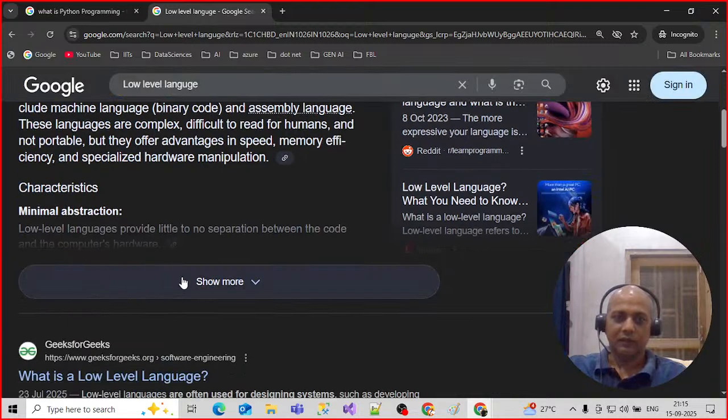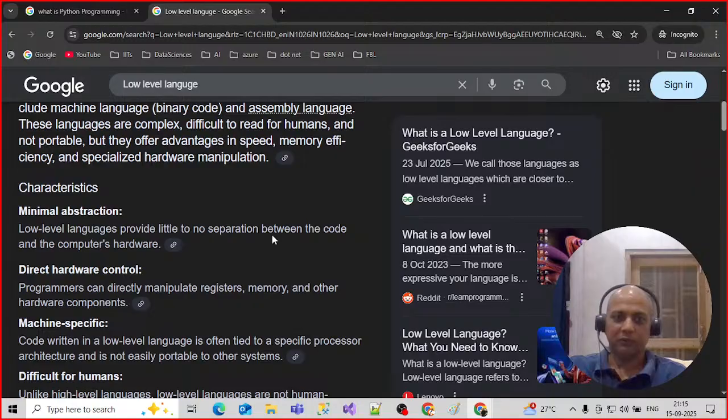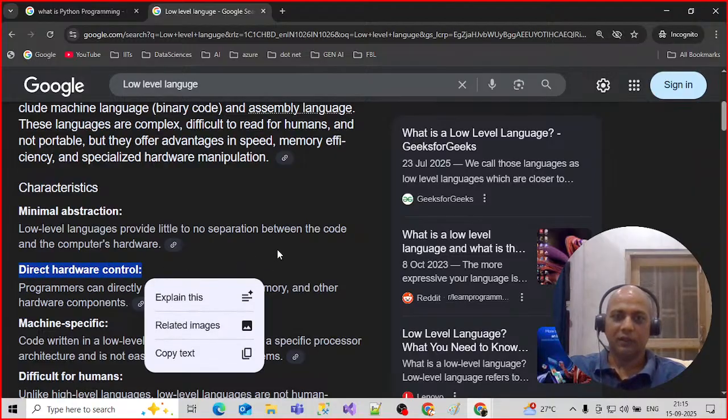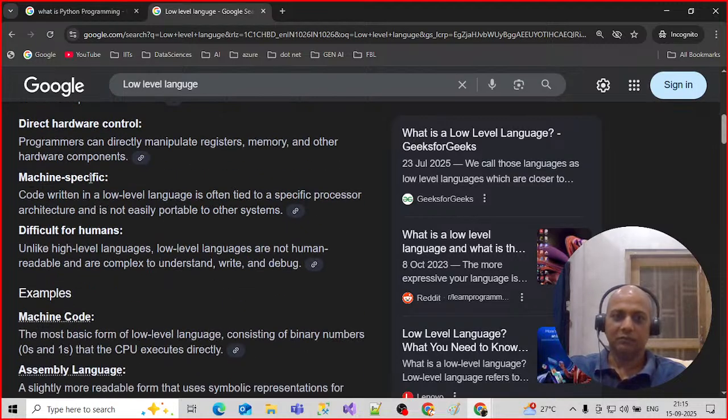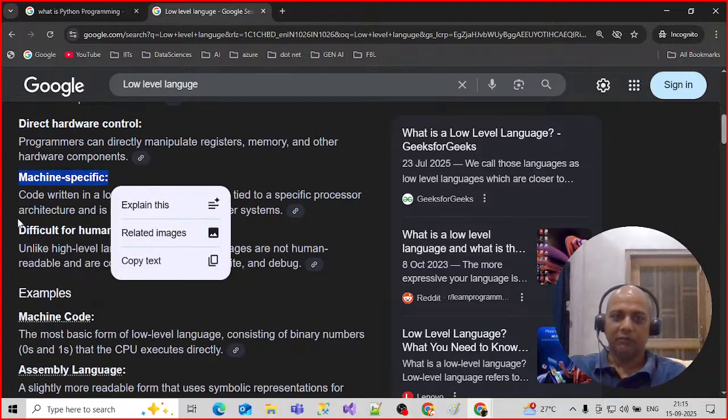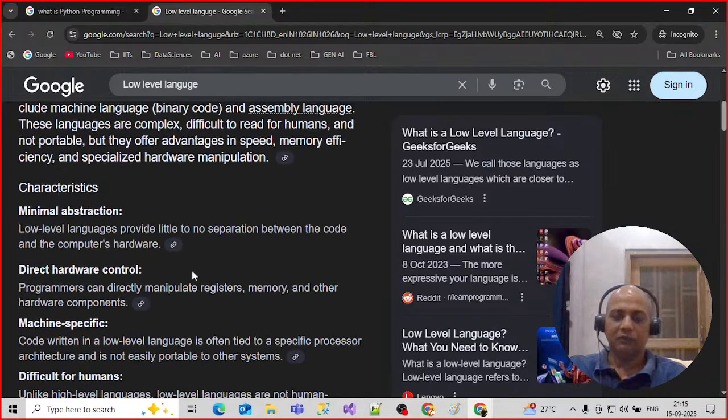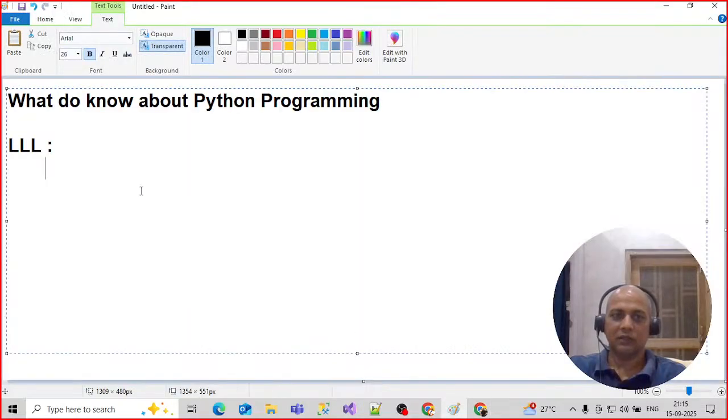So the characteristics of a low level programming language: it has direct control over hardware, memory, processor, and it is machine specific. Machine specific means, I will tell you. If you might have heard about assembly language, this is the best example.